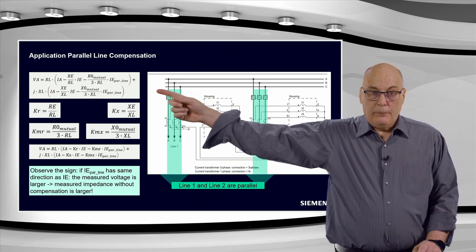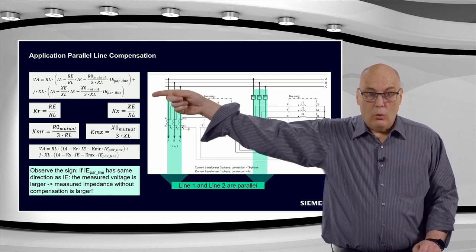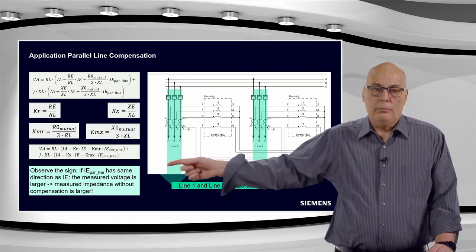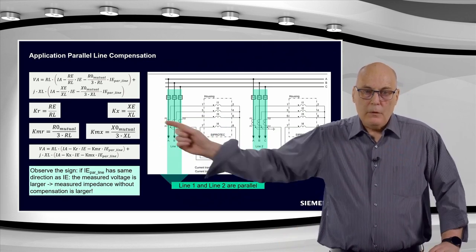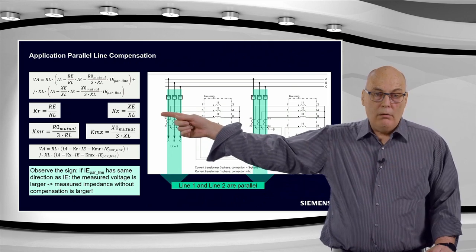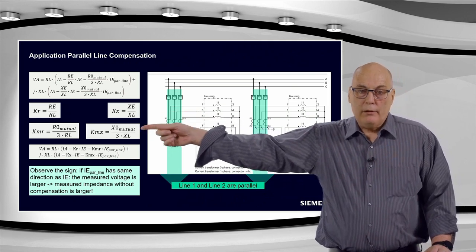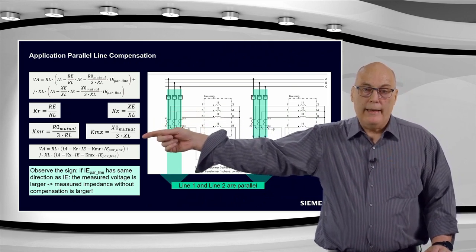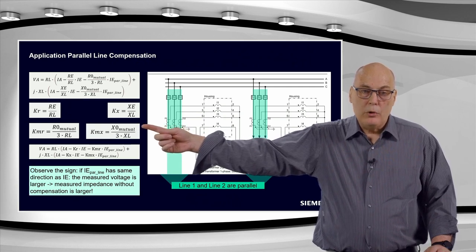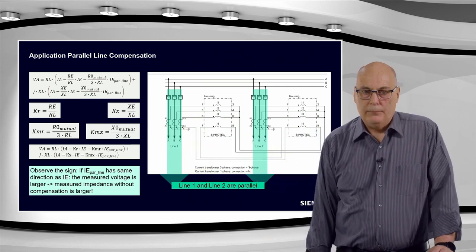From that, you can now see that R naught divided by 3 times RL is going to be our mutual coupling or KMX factors. Similar to the KR and the KX factors, if you have a parallel line you calculate a so-called KMX, that is for the zero sequence mutual coupling consideration.